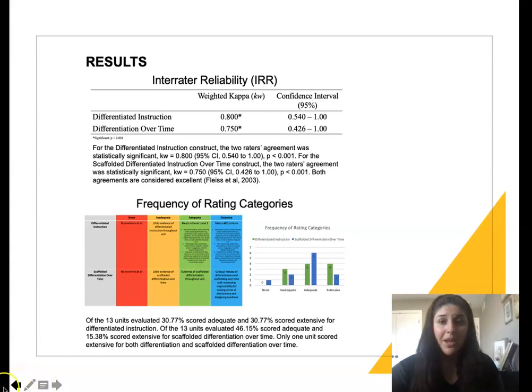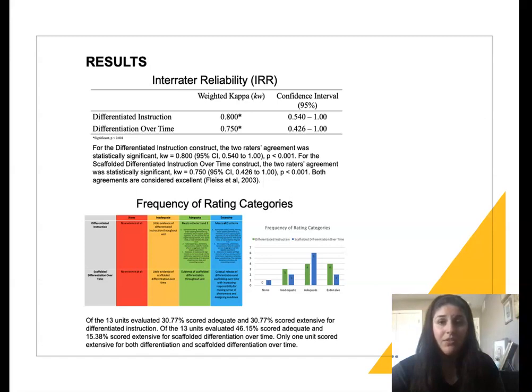After the 11 remaining units were individually scored by the graduate students, a weighted kappa was calculated to determine inter-rater reliability. For the differentiated instruction construct, the 2 raters' agreement was statistically significant with a weighted kappa of 0.8 and a 95% confidence interval of 0.54 to 1.